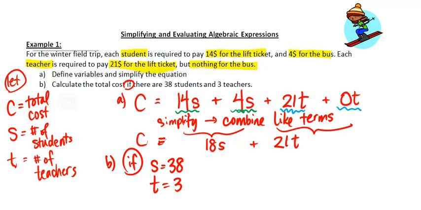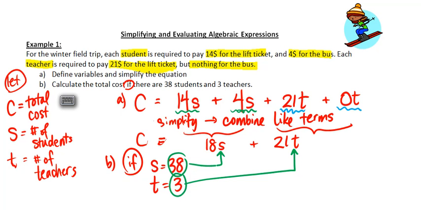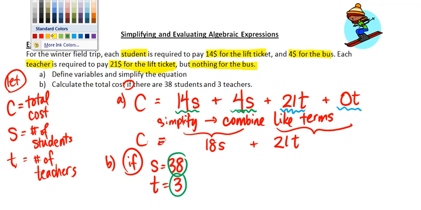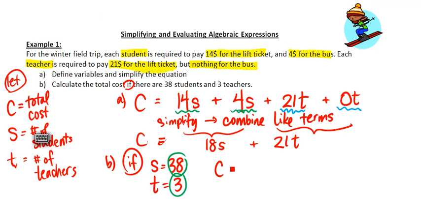So in this example, we substitute the variable S with 38, and we substitute the variable T with 3. So when we solve this, total cost equals 18 times 38 students plus $21 times 3 teachers.